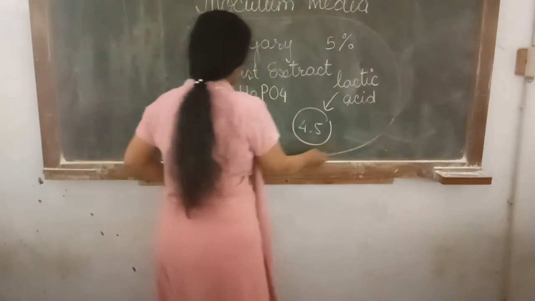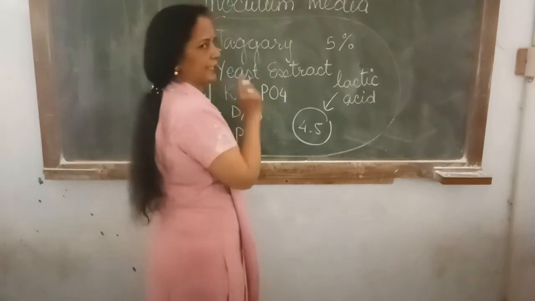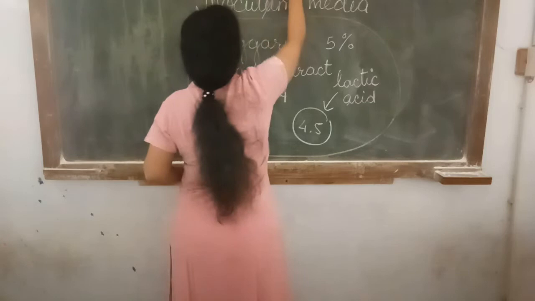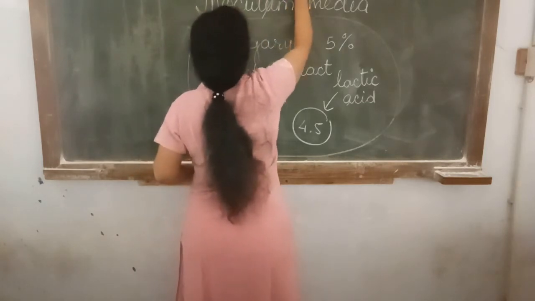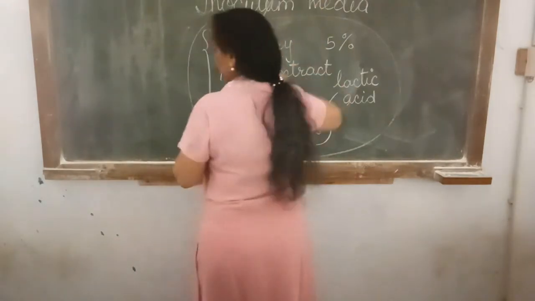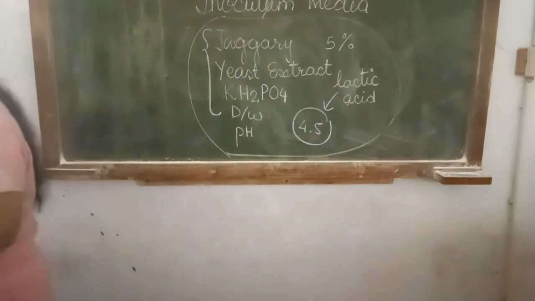Now, after doing this much work, we need to autoclave it, and the autoclaving of this medium should be done at a lower pressure, that is 10 pound pressure, for a shorter amount of time.